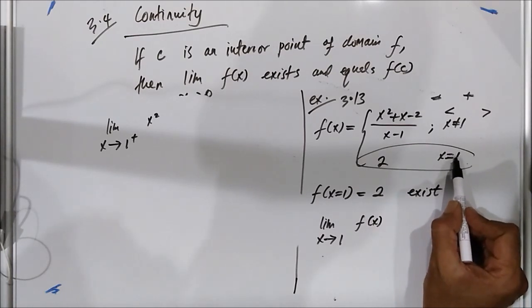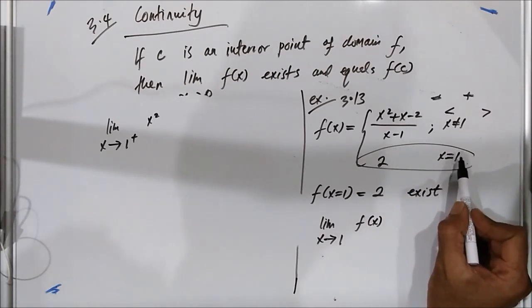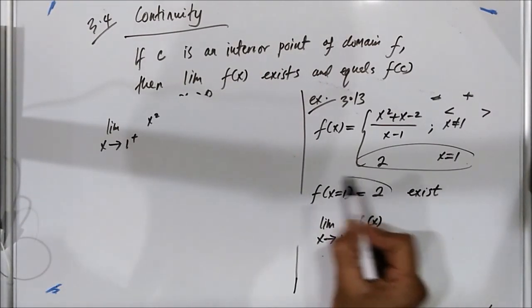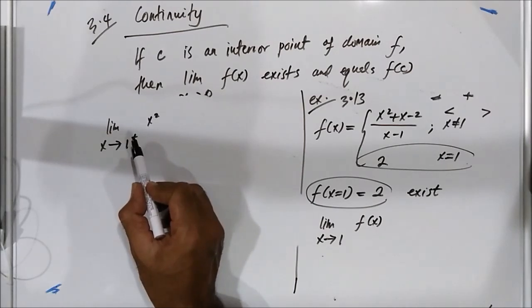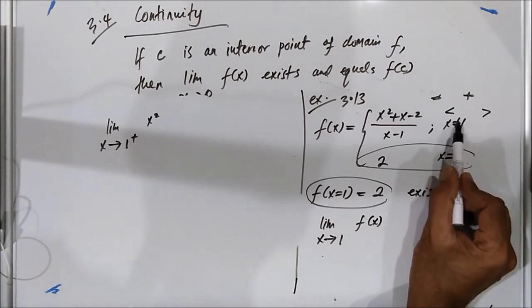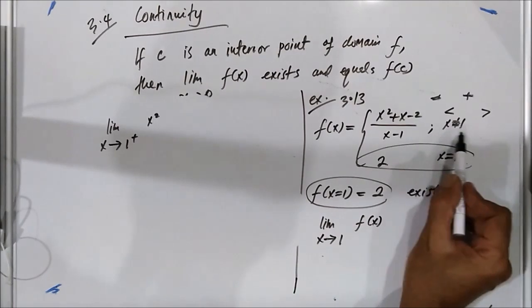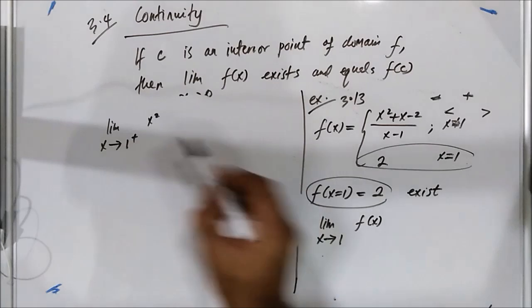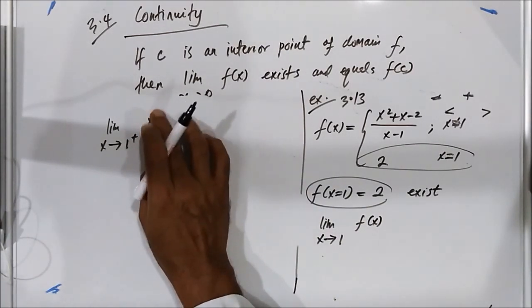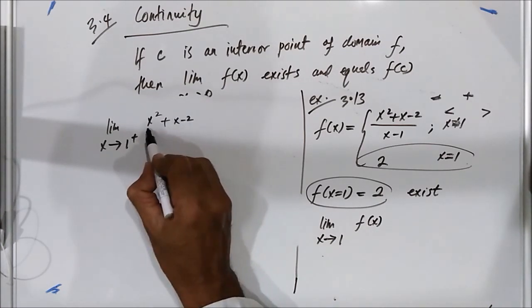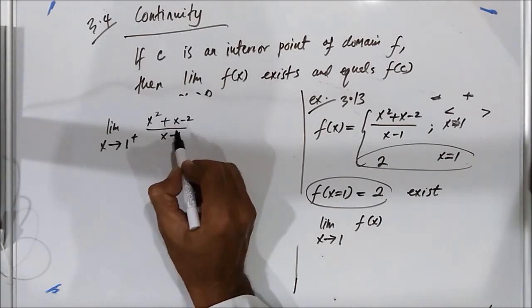Because x equal to 1 gives 2, which exists, but I want to find x approaching 1. x does not equal 1, but just approaches 1. So in the positive direction, x approaches 1 from the right: (x squared plus x minus 2) over (x minus 1).